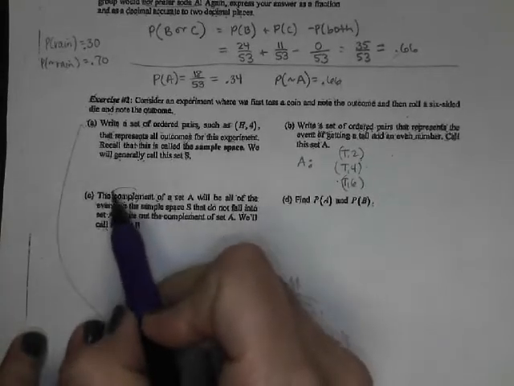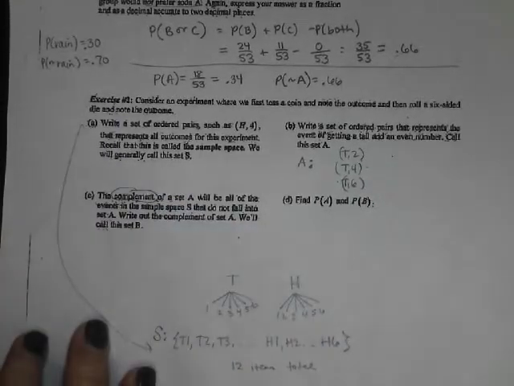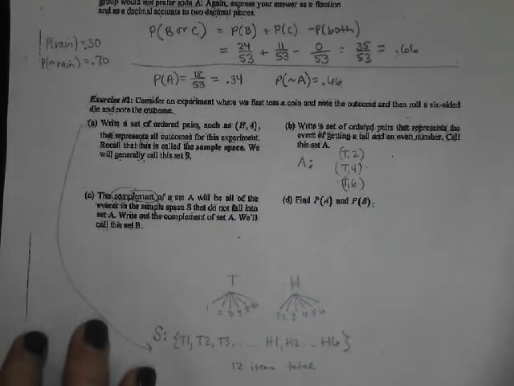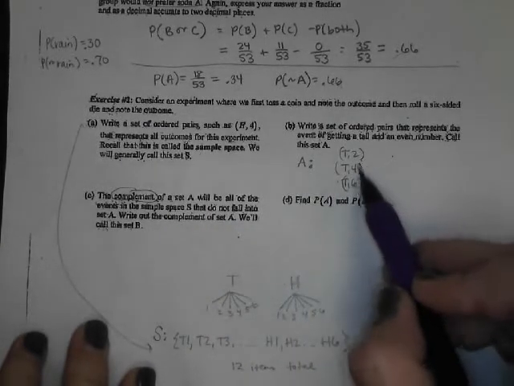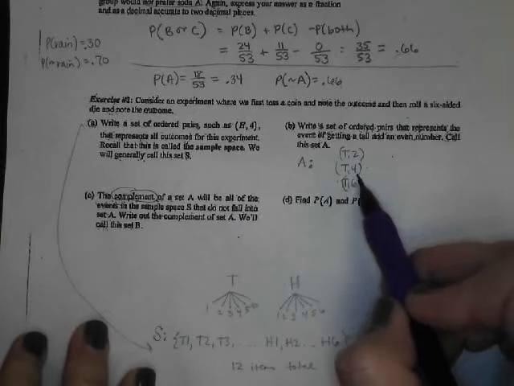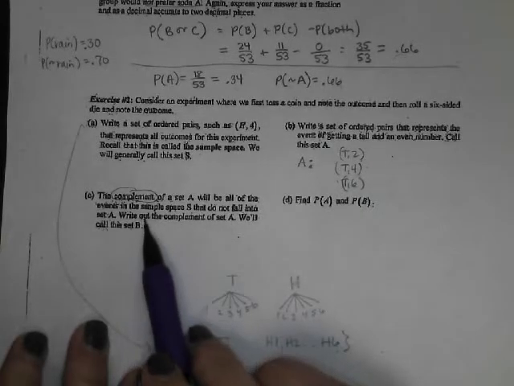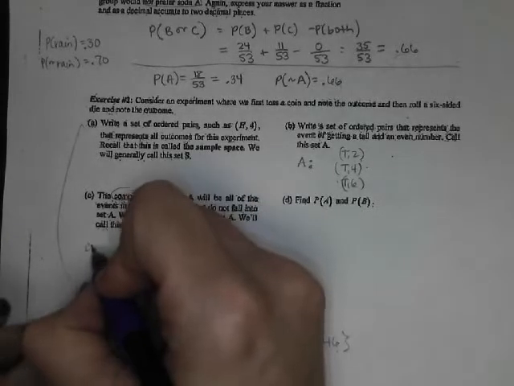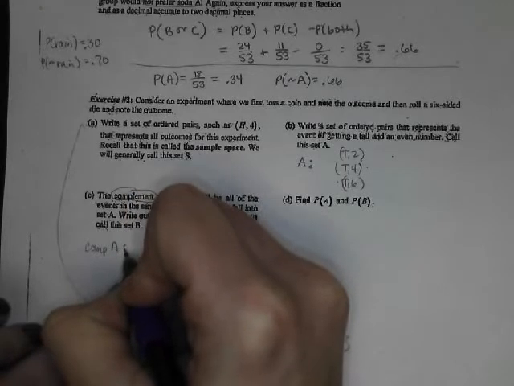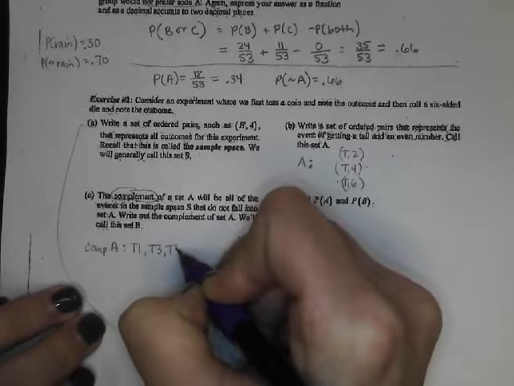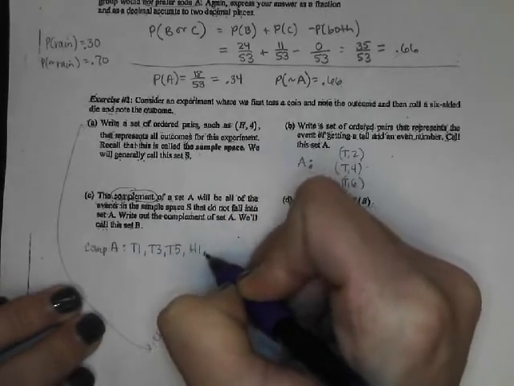And here's where, okay, finally they're going to talk about complement, which I kind of already did. The complement of a set A will be all of the other ones. So A's complement is anything that we didn't include here. So T1, 3, and 5, and then all of your H's will be the complement of A. So write out the complement set of A. So complement of A is going to be the T1, 3, and 5, and then all of your H's.